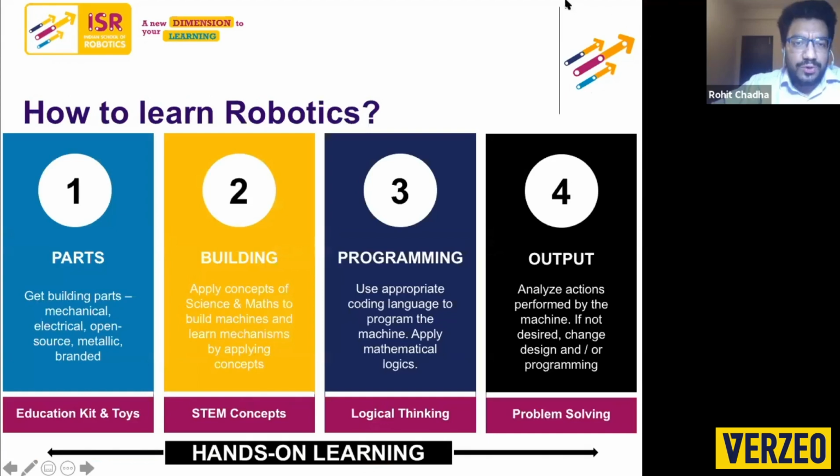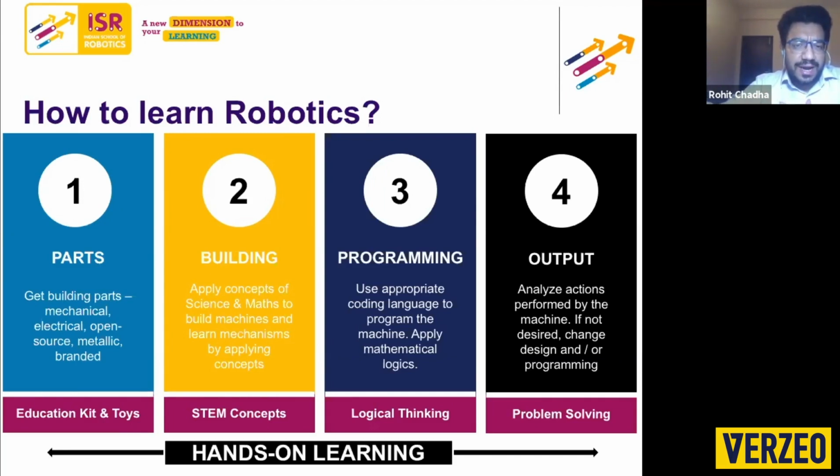Now, how can you learn robotics? Firstly, you need certain parts. These are electrical and mechanical parts. There are a lot of parts available in the market in the form of education kits and education toys. But there are many open source parts also, like Arduino, and you get a lot of sensors and LEDs in the market.